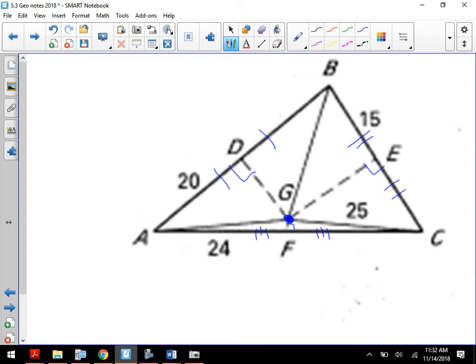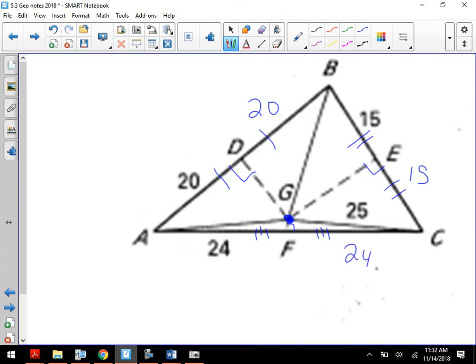So if AD is 20, what's BD? If BE is 15, what's CE? 15. Because we're using the term of a perpendicular bisector. AF is 24, so CF is also 24. Okay?